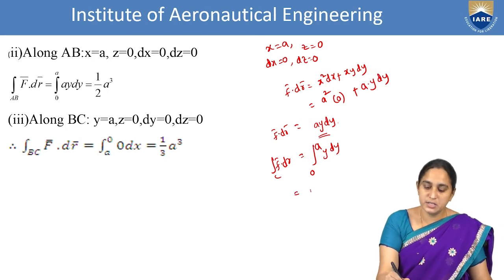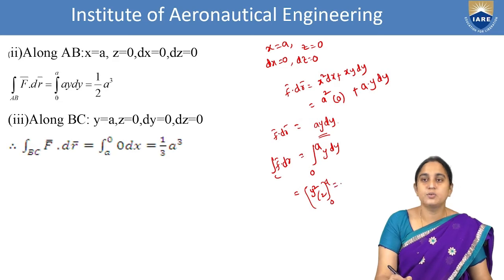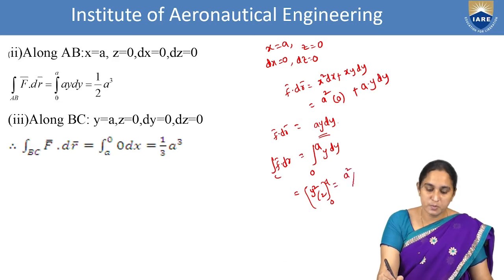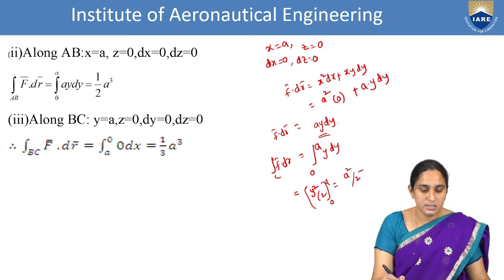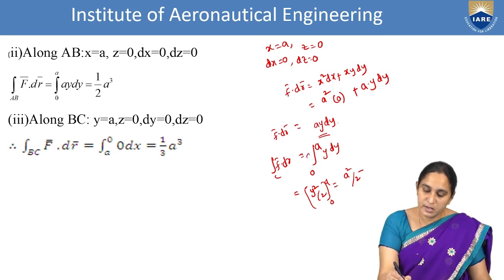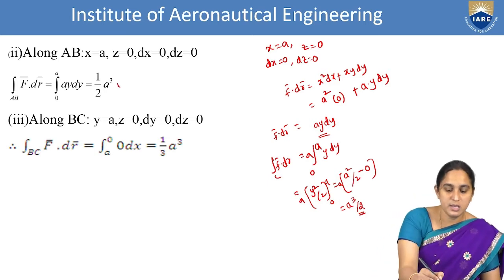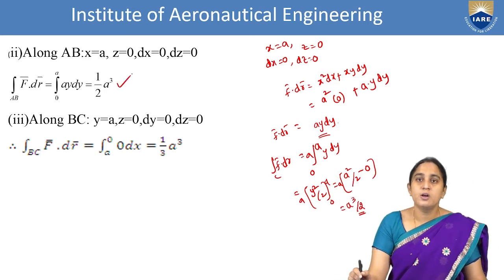Y integration is y squared by 2 with limits 0 to a. That is a squared by 2 minus 0, with the a taken outside, so a into a squared by 2. The line integral value along AB is 1 by 2 into a cube.